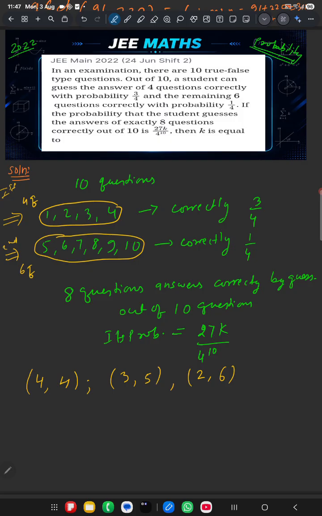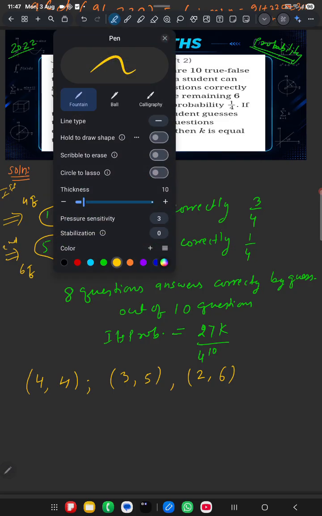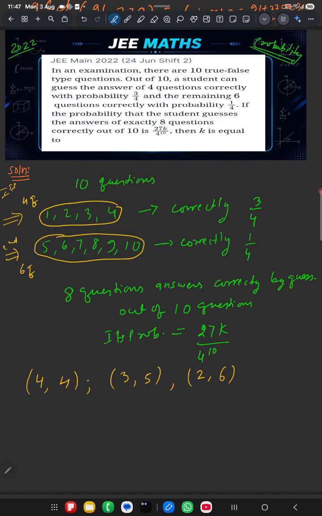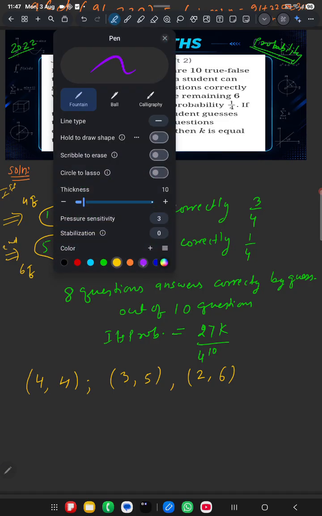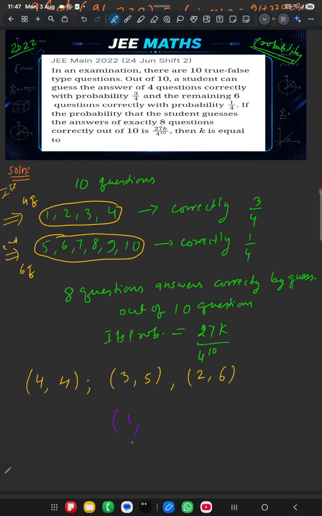Why am I telling this? Just to make it clear, if you take 1 from the first group, then you have to choose 7 answers from the second group, but in the second group you have only 6 questions.